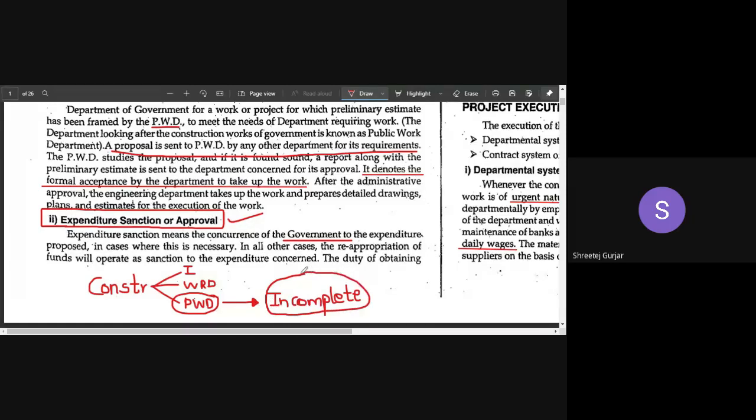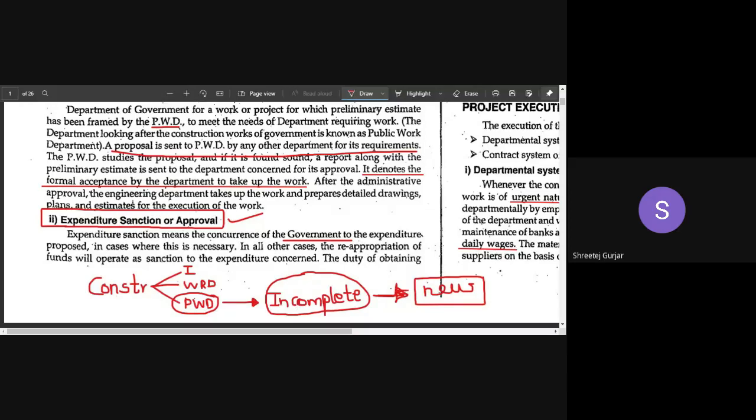They will allot funds to it and make sure it is completed. Then they will give funds or approval for new work. They will check what funds are left over and how much can be allotted for the new proposal. So this is the process of the expenditure sanction or expenditure approval which is given by the financial department.